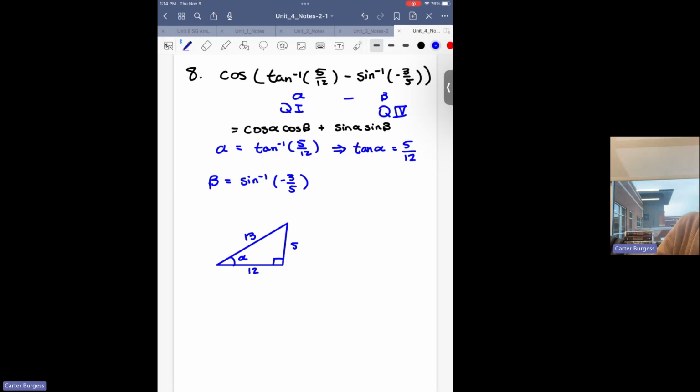And from beta being equal to sine inverse of -3/5, how can I reformat this statement into something that we can actually parse? Fantastic. And what does this tell me?